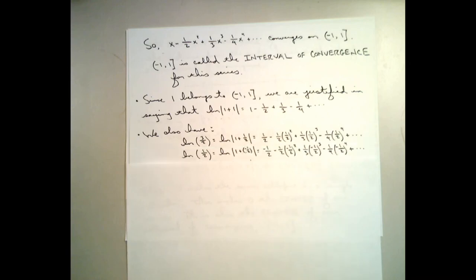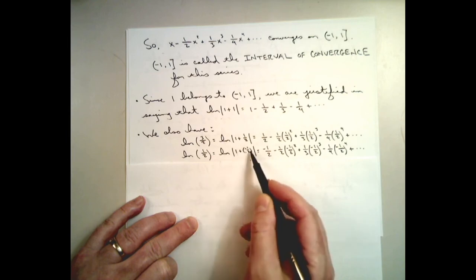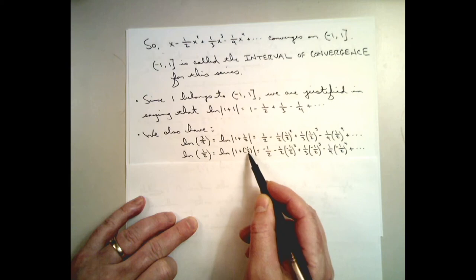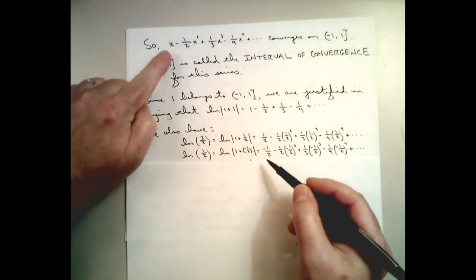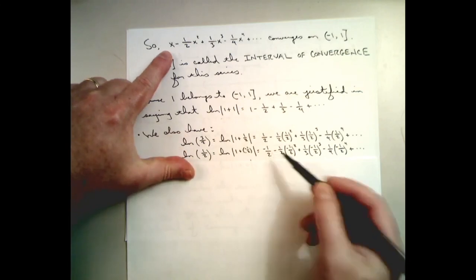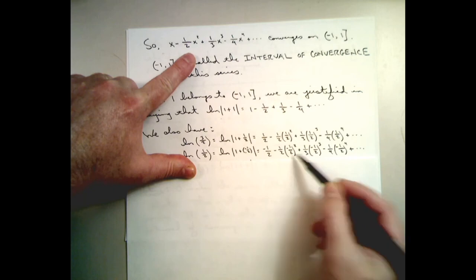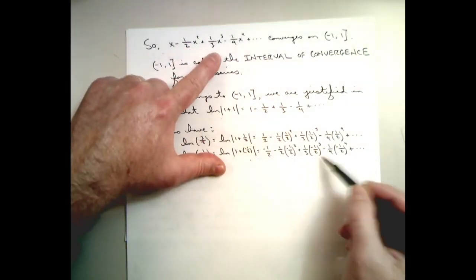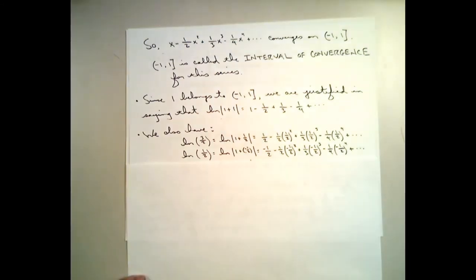If I wanted the natural log of just 1/2, I could have 1 minus 1/2 is equal to 1/2. So the natural log of 1/2 could be written as, well, this series where x is -1/2. So there's -1/2 minus 1/2 times -1/2 squared plus 1/3 times -1/2 cubed, and so on. So that gives me a series for the natural log of 1/2.